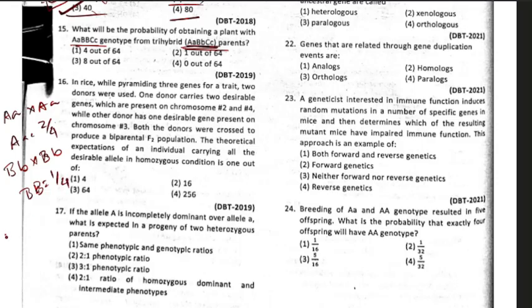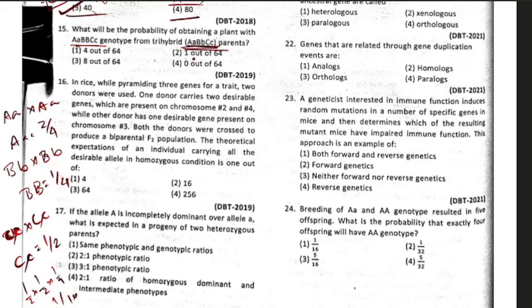And from Cc crossed with Cc, we have to get Cc. The chance is 1 by 2. So the total chance is 1 by 2 into 1 by 2 into 1 by 4, right? So that is 1 by 16.